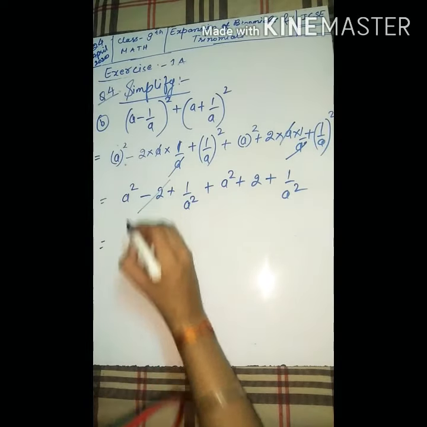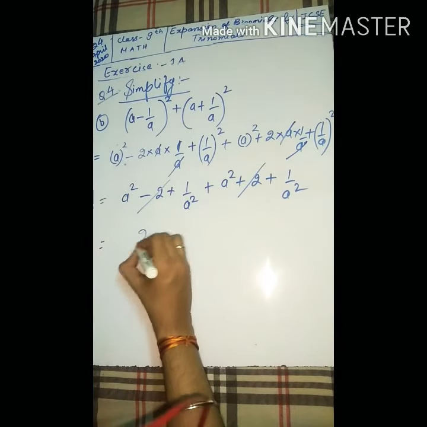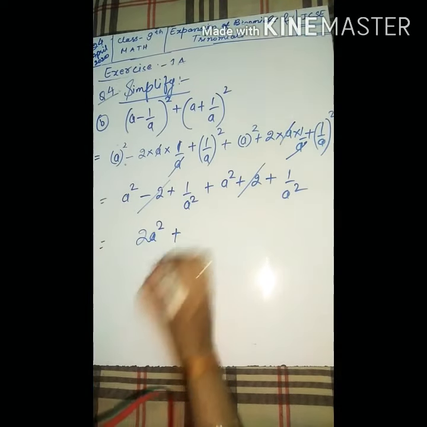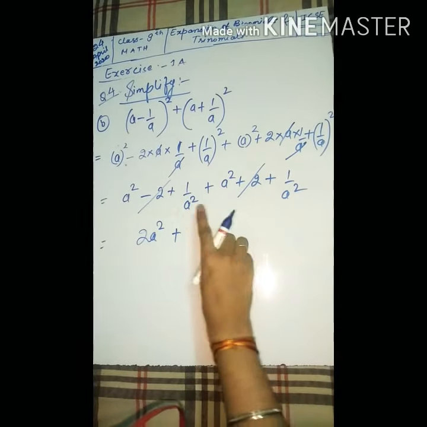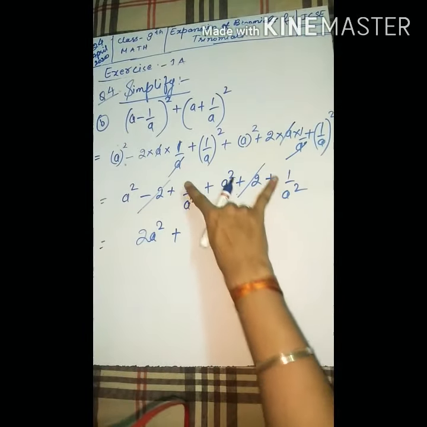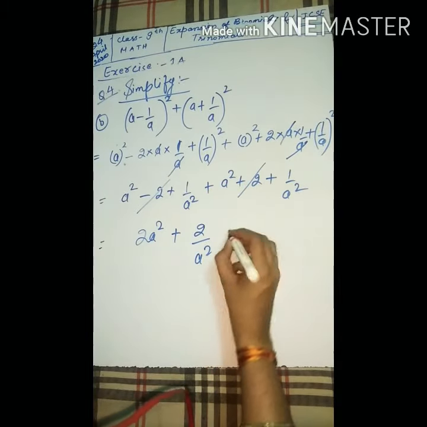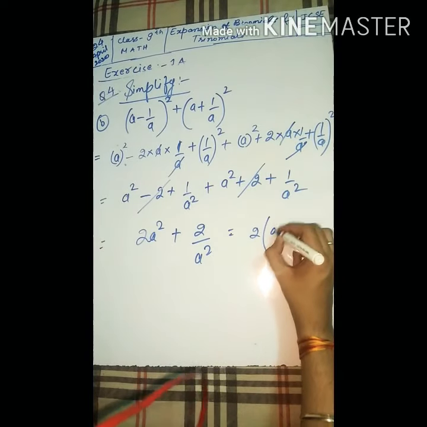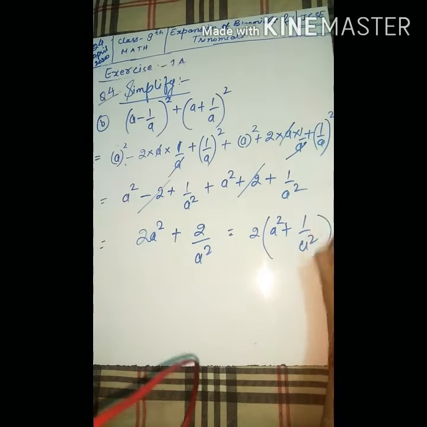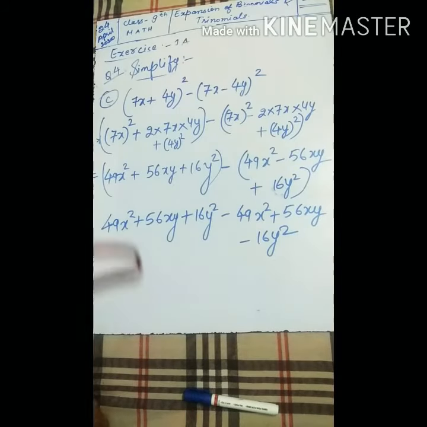Now I see that this minus 2 and this plus 2 can get cancelled, this a square and a square will give you 2a square plus 1 upon a square plus 1 upon a square. See, it is a like fraction, the denominator is same, we can add the numerators, so 1 plus 1 will give you 2 upon a square. Now the last thing you can do is take 2 common, so on taking 2 common we'll get this as the final answer.